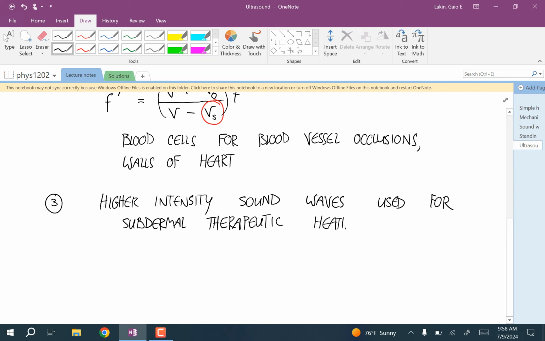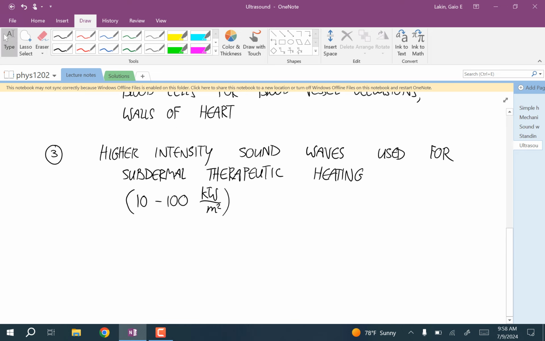And for this application, intensities are in the range of about 10 to 100 kilowatts per square meter. Okay, so a kilowatt is 1,000 watts. So you can also think of this as 10 times 10 to the third to 100 times 10 to the third watts per meter squared.